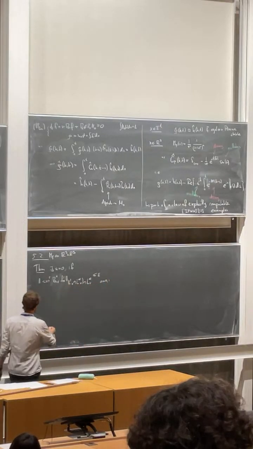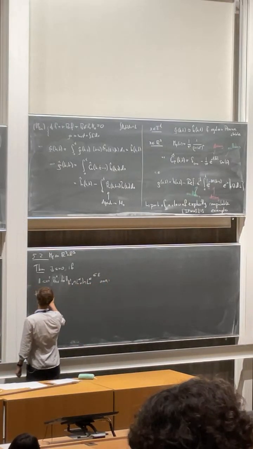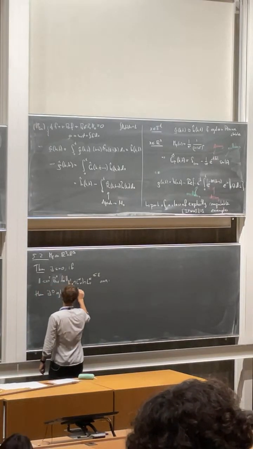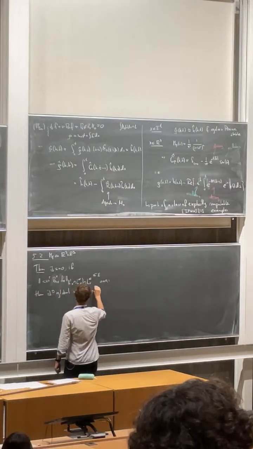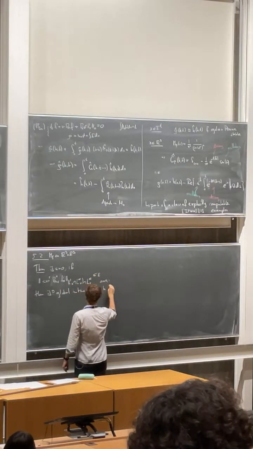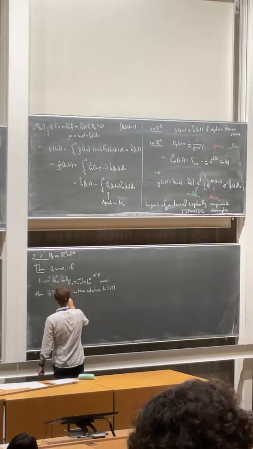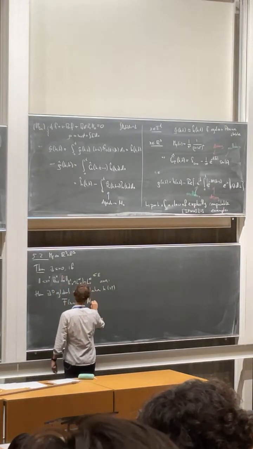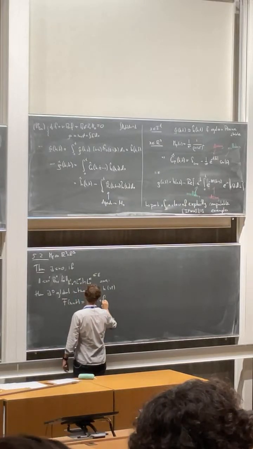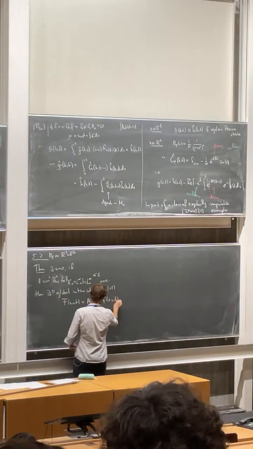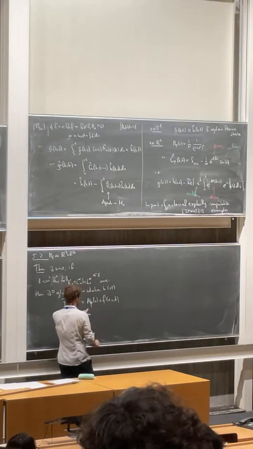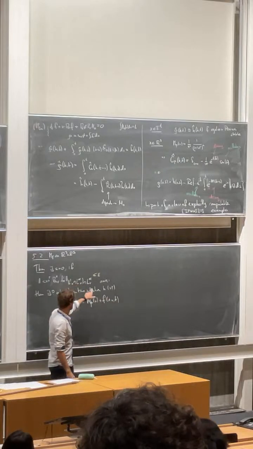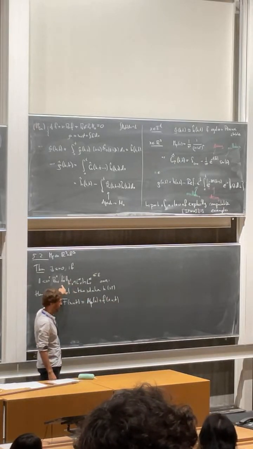So if this is small enough, then you get a unique global in time solution to the Poisson system, which is of the form the Poisson equilibrium plus the perturbation. The initial data of the perturbation are these initial data.